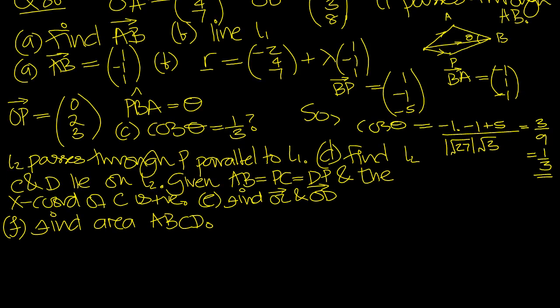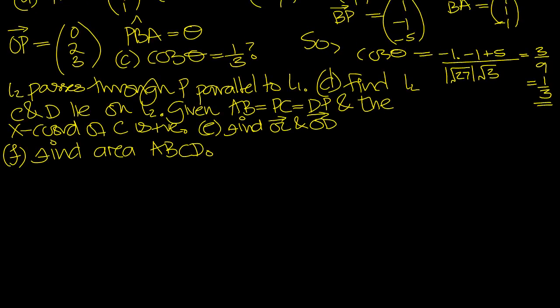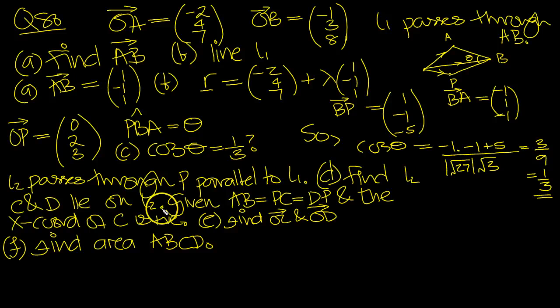So that's part C. Now D: L2 passes through P, parallel to L1, find L2. L2 passes through P, (0, 2, 3), plus mu, parallel to L1, so it would be along AB, won't it? (1, -1, 1).